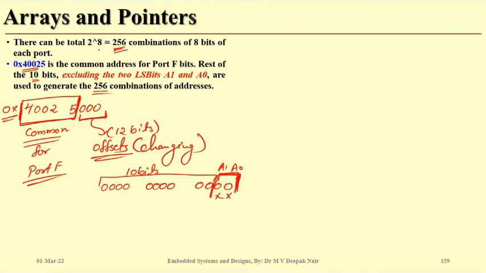And we know that each port can have 8 bits, so 256 different combinations can be generated at that particular port. To generate 256 combinations, we are not using 12 bits, we are only using 10 bits. The last two bits, the LSBs, are not used.